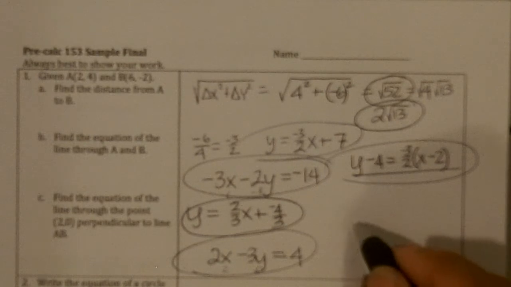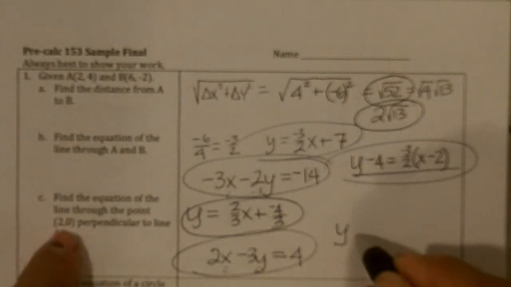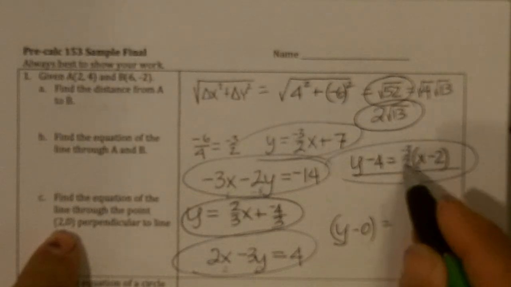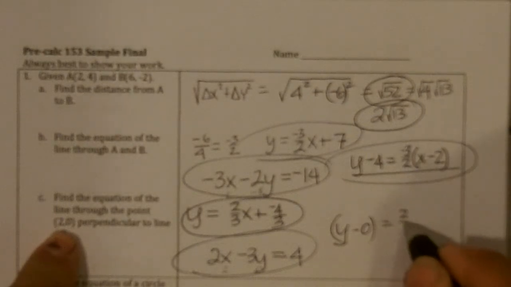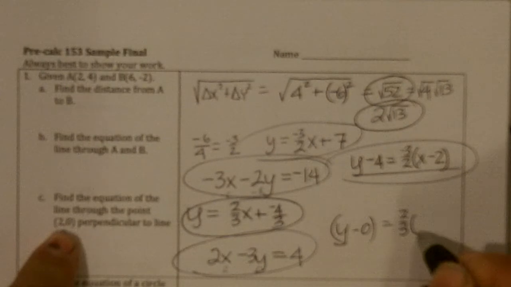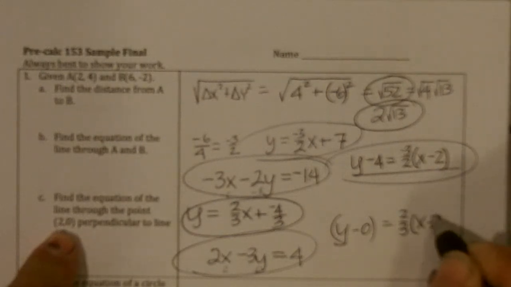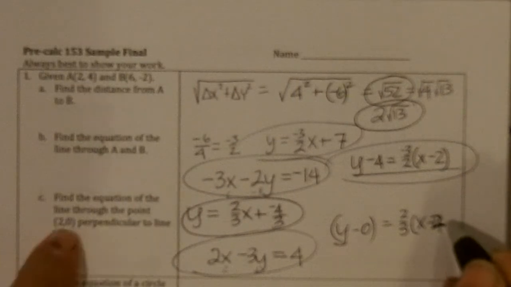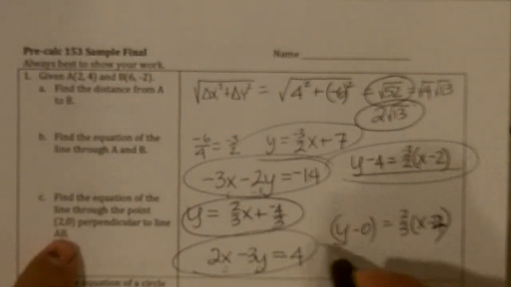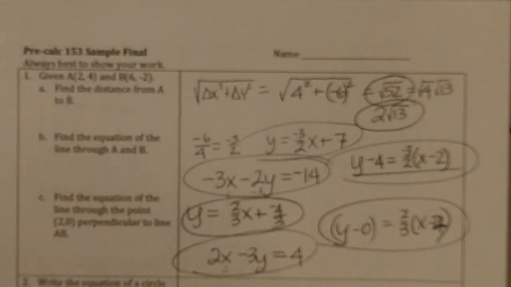Or I could have said y minus 0 equals, flip this, 2/3 and change its sign, times x minus 2. That's the point that I have over here. I did it 3 different ways.